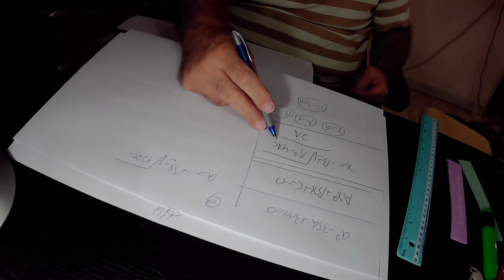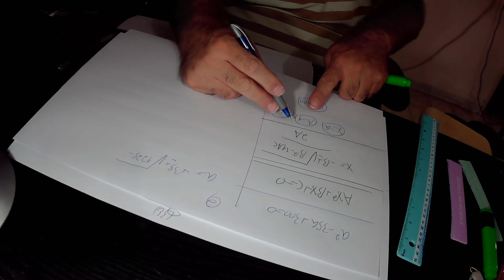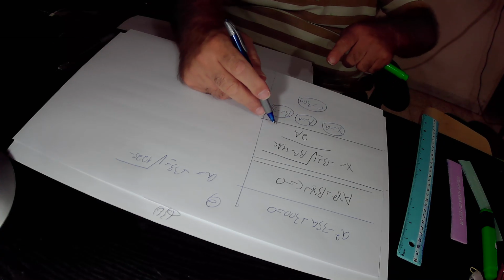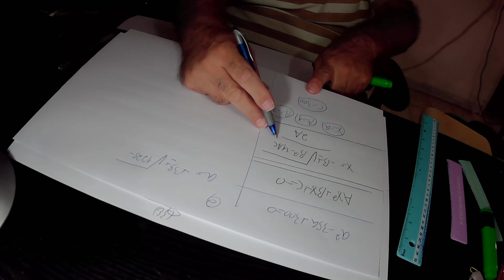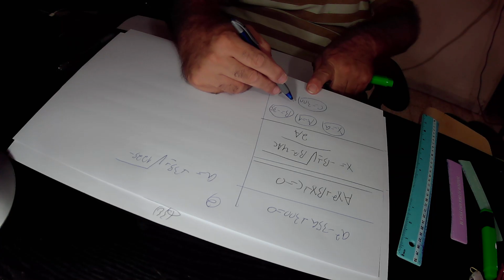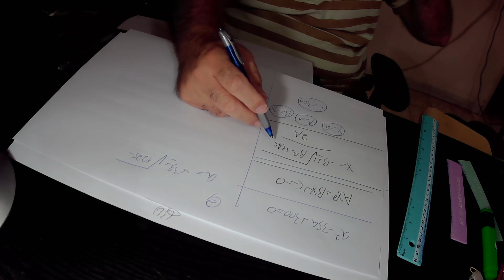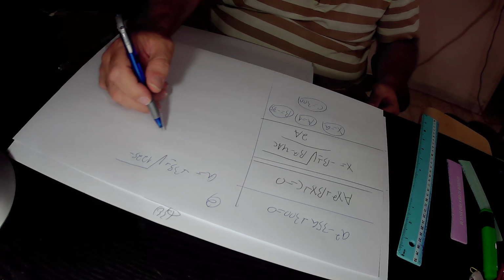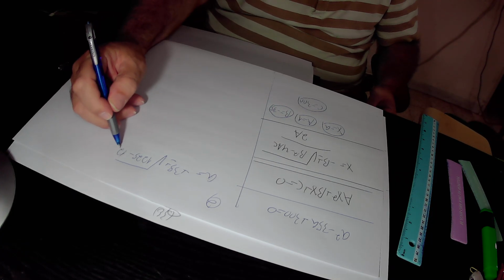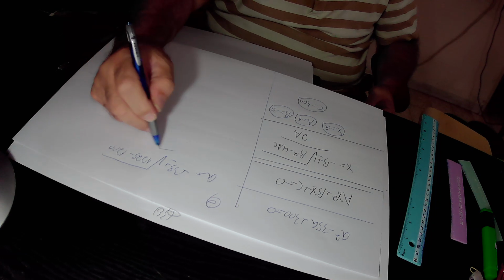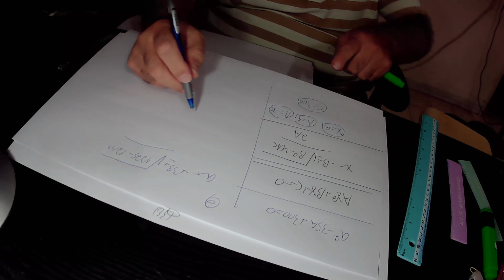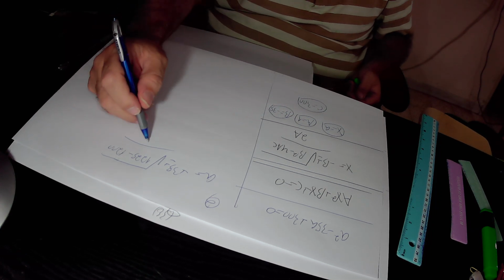So we have minus 4 times a, which is 1, so minus 4 times 1 is minus 4, times c. c is 300, so minus 4 times 300 is minus 1200. So in total, minus 4ac is minus 1200. Divided by 2a. a is 1, so 2a is 2 times 1, that is 2.